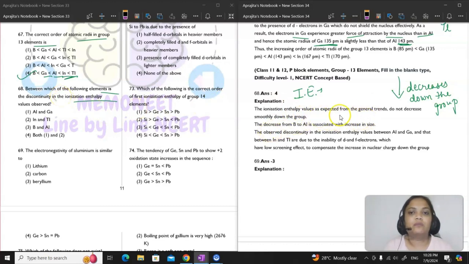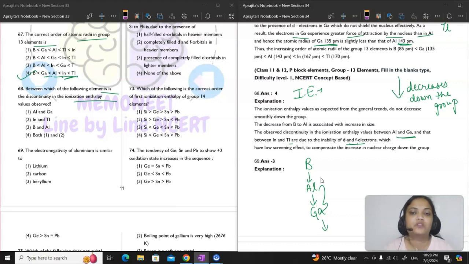Okay, but again it is not smooth. There are certain discontinuities that can be seen. If I go from boron to aluminium, it is going to decrease. But when we move from aluminium to gallium, again there is a discontinuity in the ionization enthalpy value. And if we move from indium to thallium, instead of decreasing, it would slightly increase, because of the poor shielding effect of the d and the f electrons.